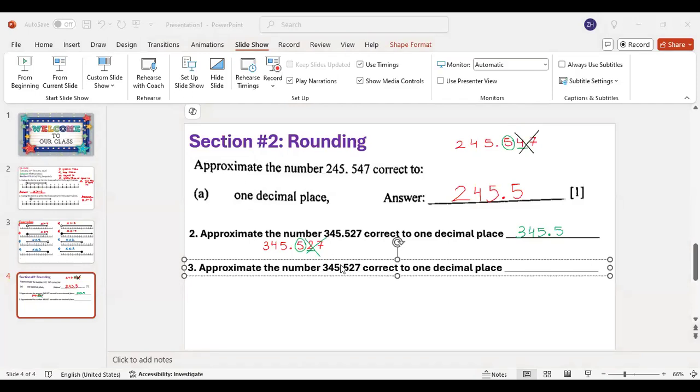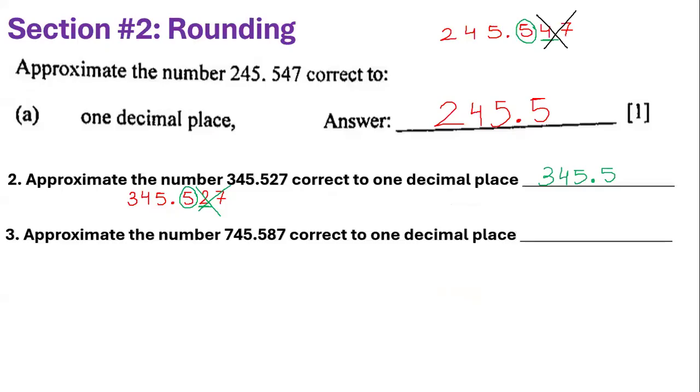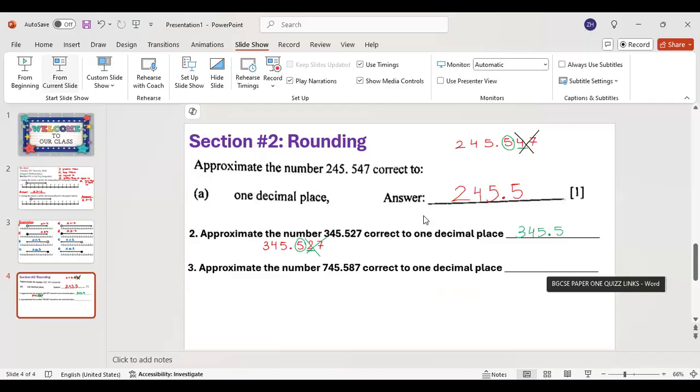Approximate the number 745.587 correct to 1 decimal place. Okay, put your answer inside the chat for me, please.